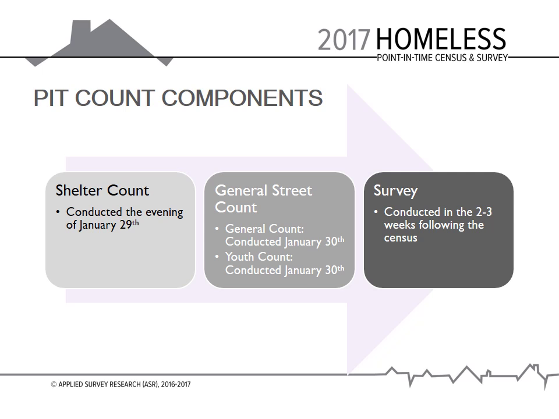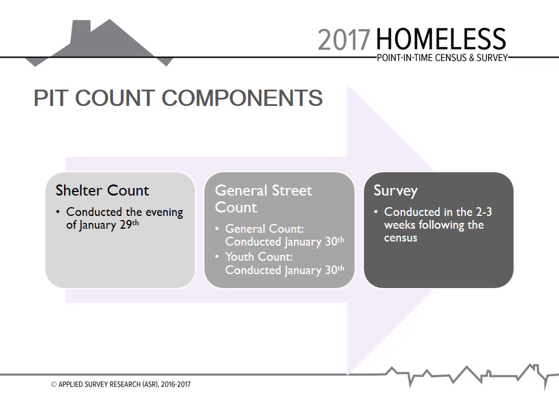Next, we have the general street count. So that happens in the early morning hours of the 30th, and that is what you're participating in. In addition, later in the day, we do a youth count, and that happens in the afternoon hours. So those two, the general street count and the youth count, make up the bulk of our unsheltered data. And then the third and final box here is the survey.